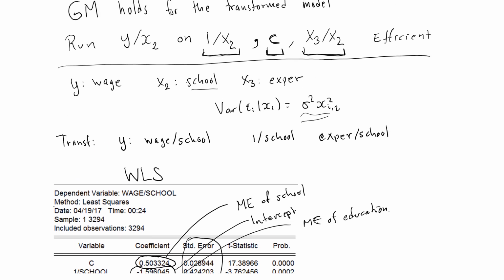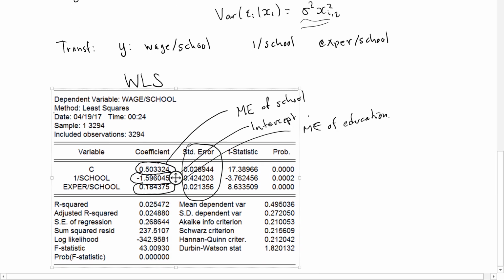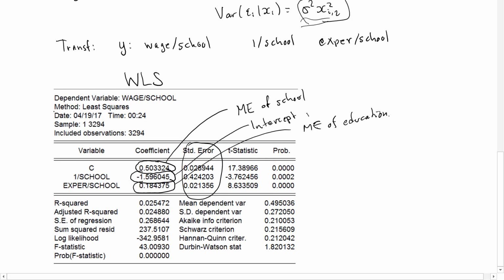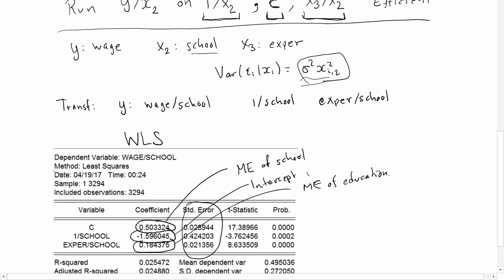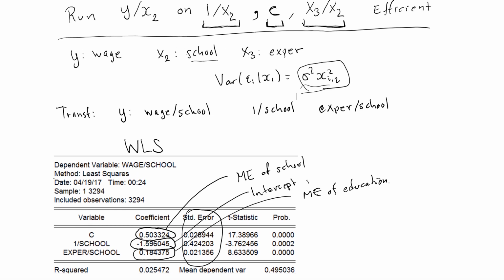So what's the drawback of this procedure? Well, the drawback of weighted least squares lies right here. In order to do weighted least squares, I have to have a model for the variance of the error term. Without the model for the variance of the error term, I don't know how to create a transformed model.